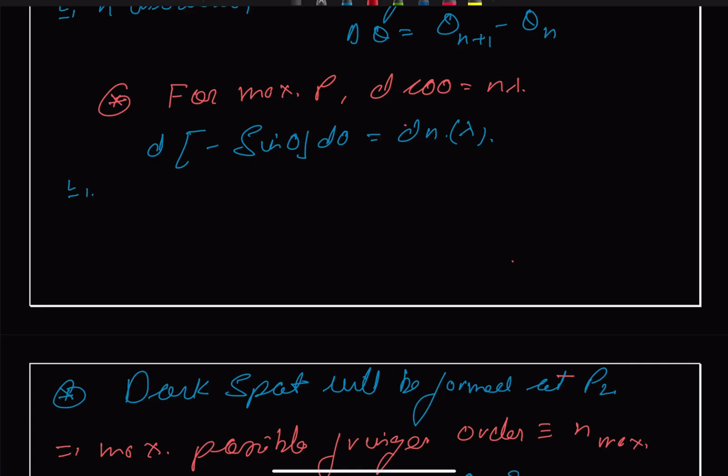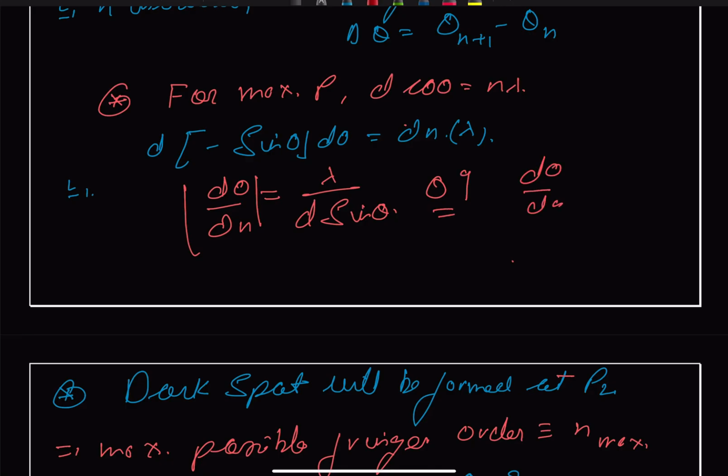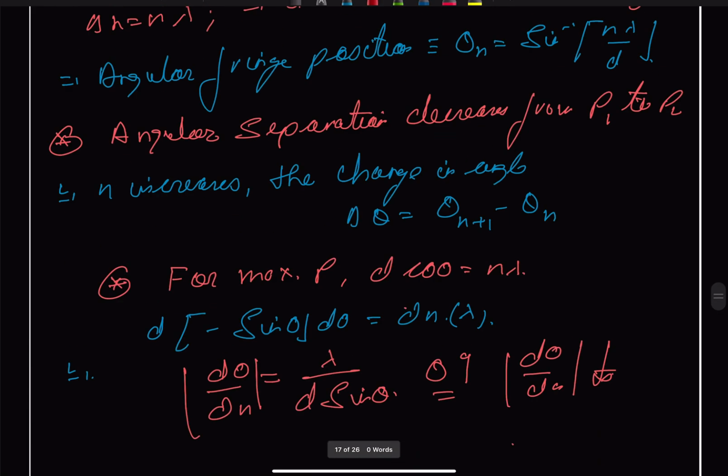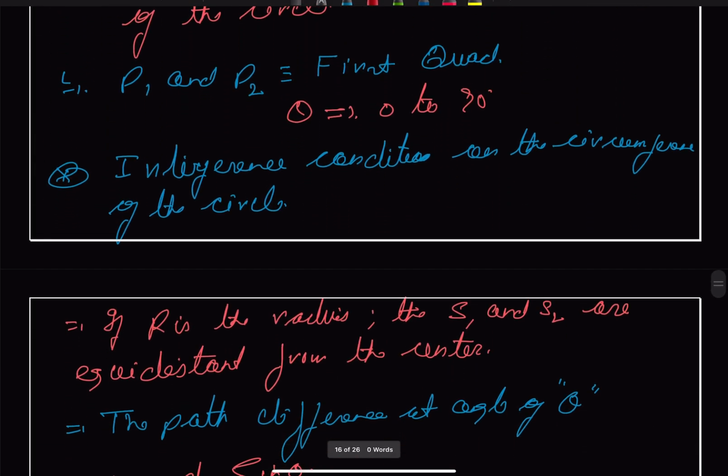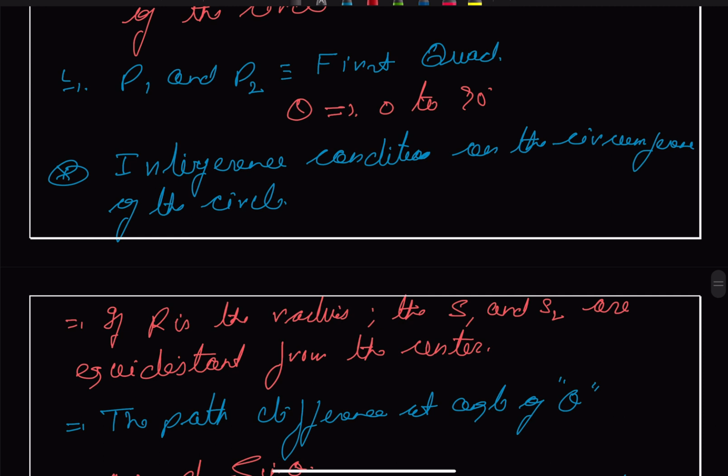Okay, that was a mistake. I need to find d theta by dn. If we consider magnitude, that will be equal to lambda divided by d sine theta. So it means as my theta increases, this d theta by dn is going to decrease.